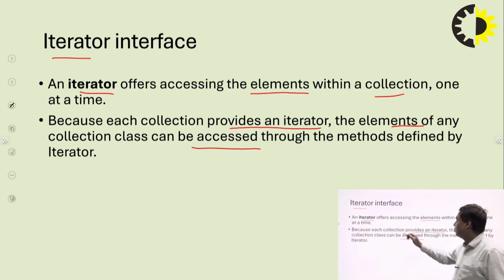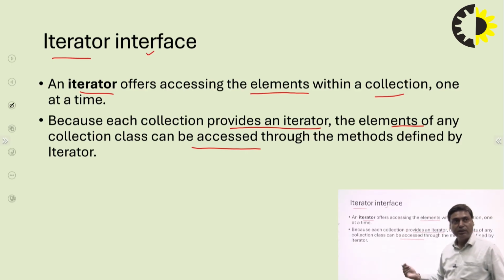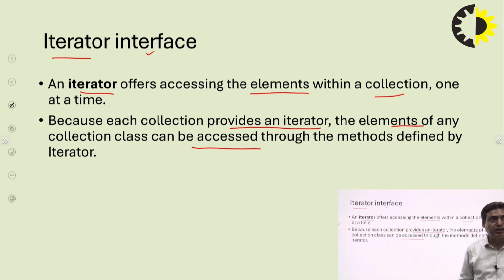Because each collection provides an iterator, the elements of a collection class can be accessed through the methods defined by the iterator. So, the iterator is an interface and it has many methods to access each element of the collection, that is, to access the objects of the collections, and there are many other methods available to manipulate the objects. We will discuss what those methods are.